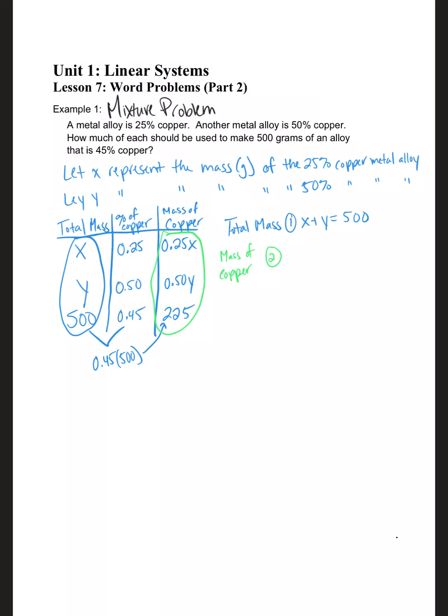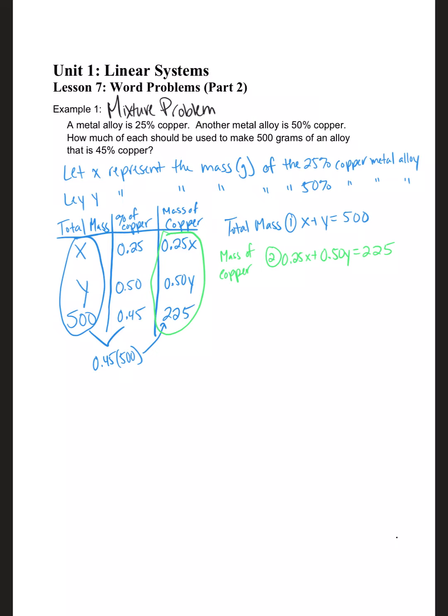We represent that by adding the mass of copper in metal alloy X and the mass of copper in metal alloy Y, and we know we're going to end up with 225 grams of copper in that mixture. So we have 0.25X plus 0.50Y equals 225.